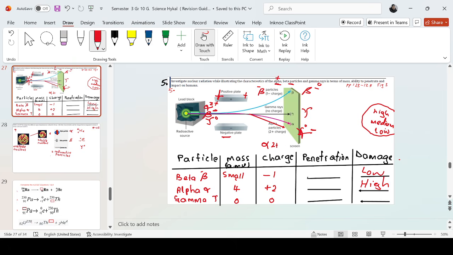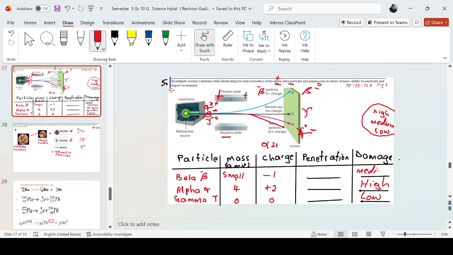Okay? Gamma, they are rays, very, very low. So if we put this low, this one we can say it's medium. We'll say medium or average.